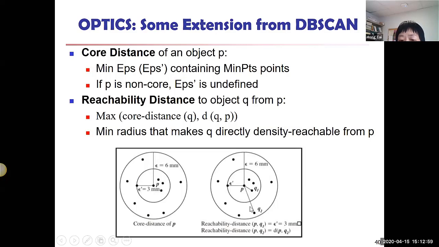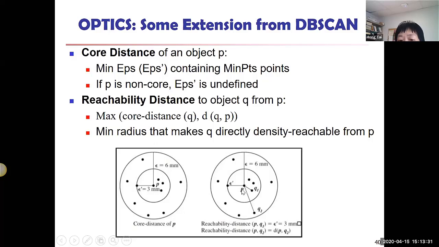So this is a reachability definition. The idea is we wanted to find how close the other points are to the current point. So, reachability distance to object Q from P. We have to be very careful with the terminology here, because from a core point it is only this much.